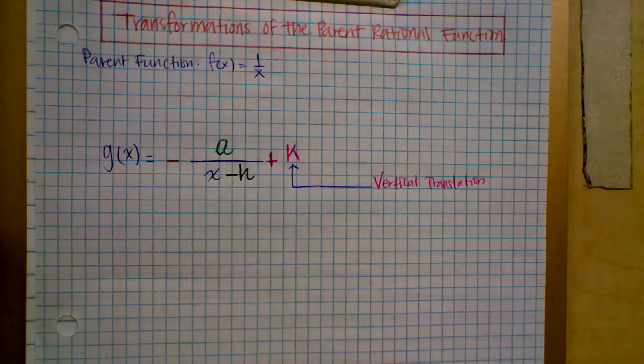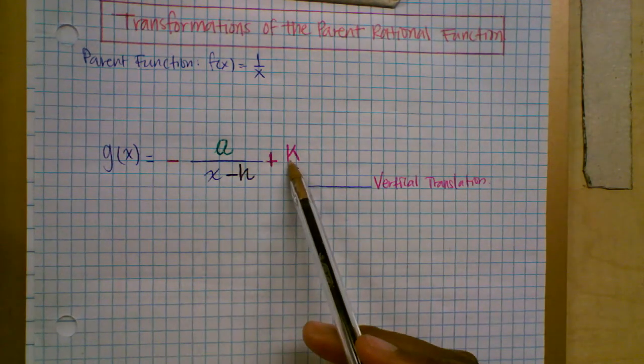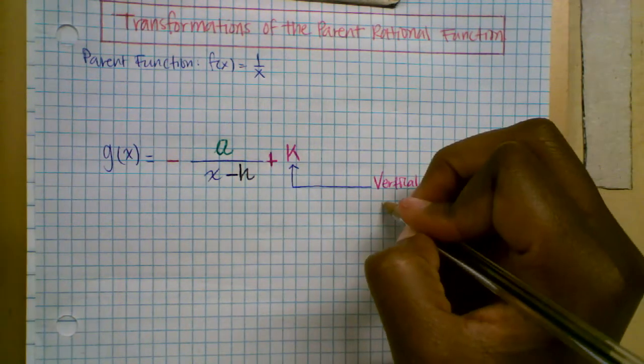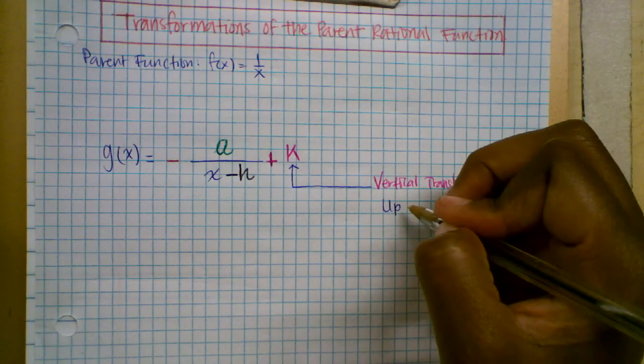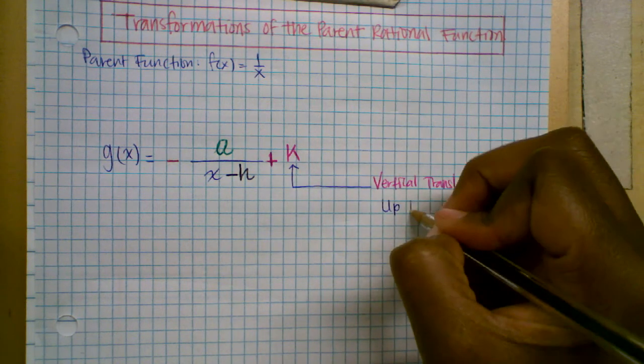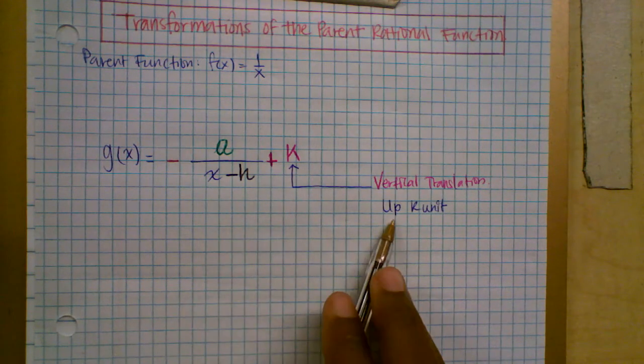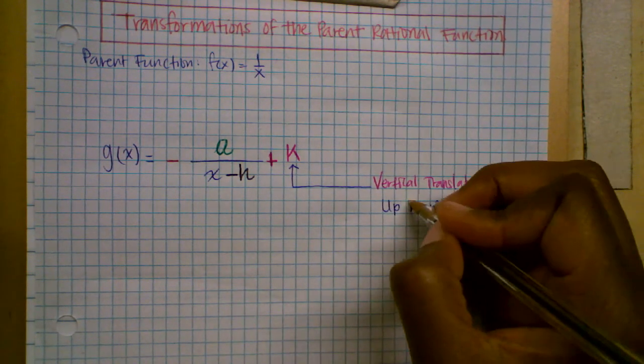Because the number for the vertical translation is positive, I know the direction is going to be up. The parent function has been shifted upward k units.